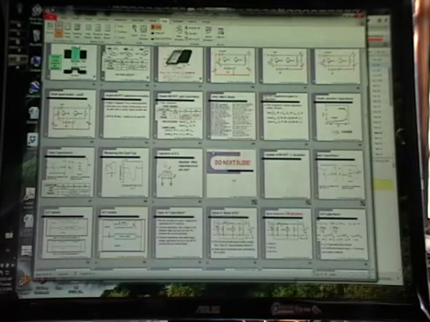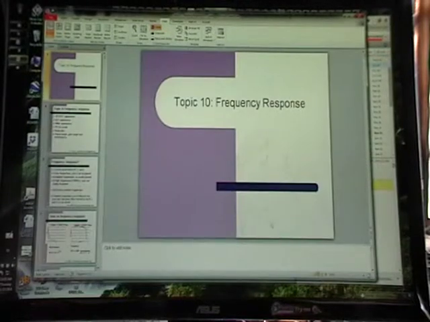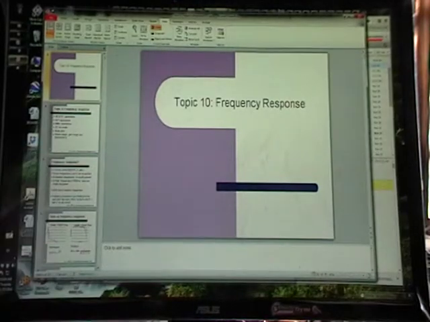And the reason we care about that capacitance is that it combines with any resistance in your circuit and makes either a low-pass circuit or a high-pass circuit.